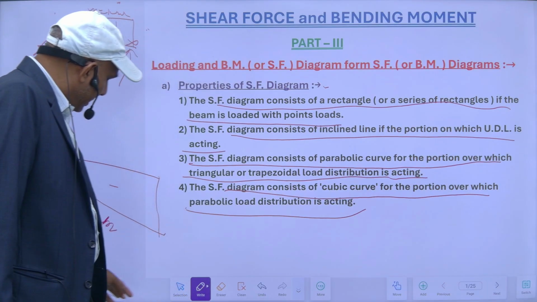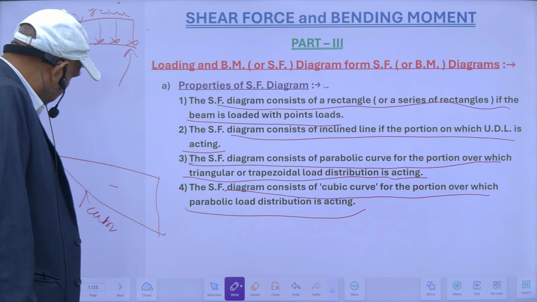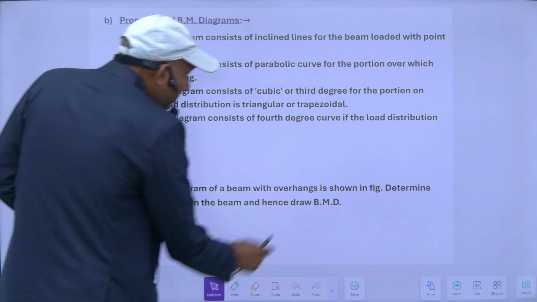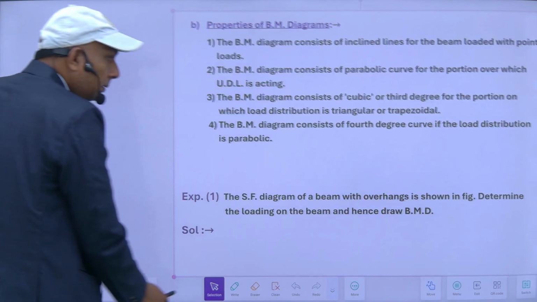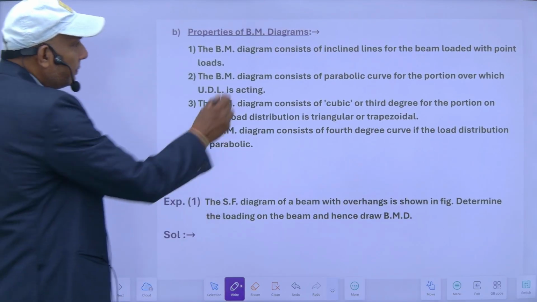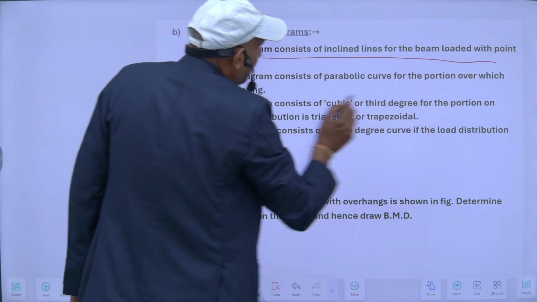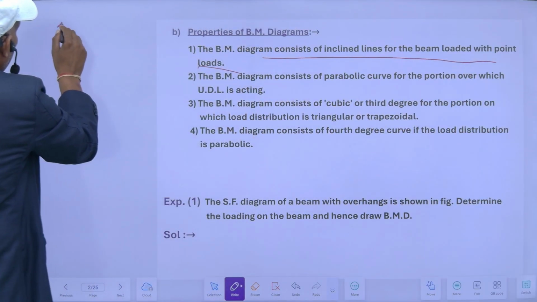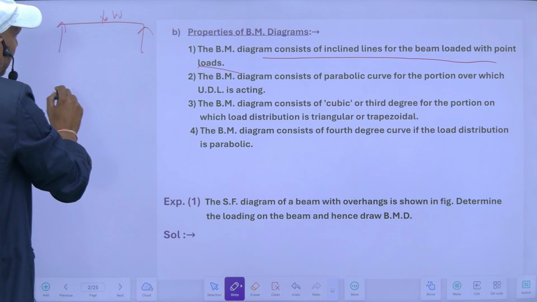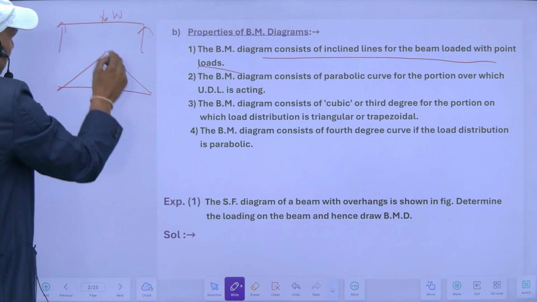And for bending moment, the bending moment diagram consists of inclined lines for the beam loaded with a point load. Suppose in the first case there is a point load, so its bending moment diagram will be like this.